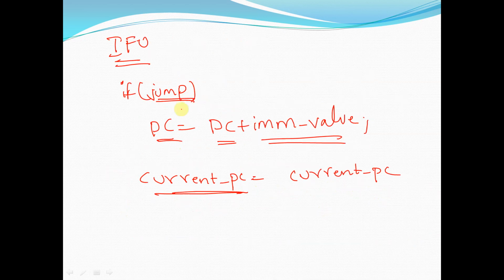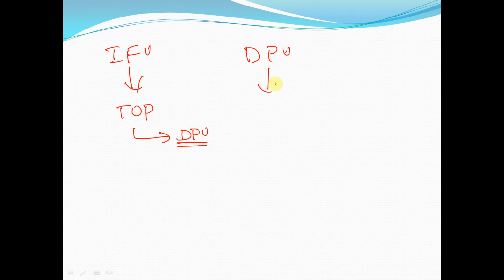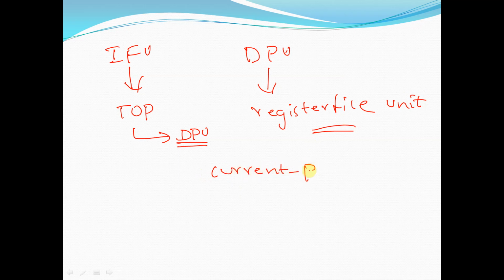Now, this current PC value is given out from the IFU to the top module, and from the top module it is given to the DPU unit, and in the DPU unit it is given to the register file unit, and in this register file unit the current PC value will be stored.